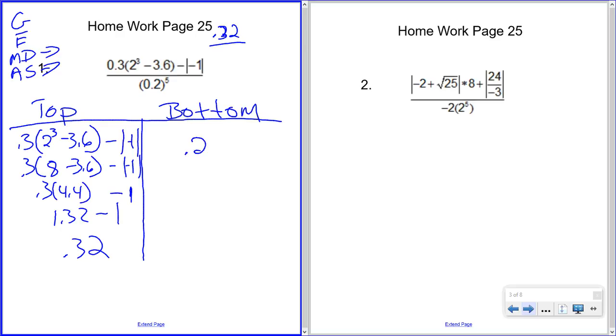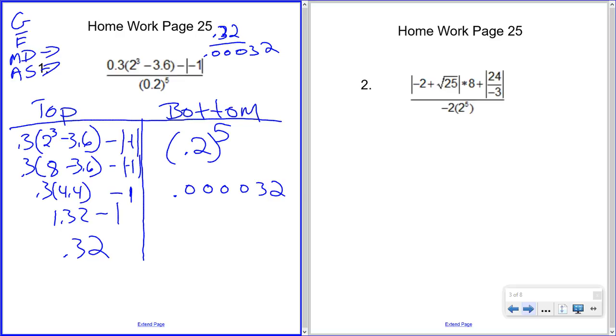So we're going to have 0.2 to the 5th power. And if you put that in your calculator, 0.2 to the 5th power, you're going to get 0.00032. So 0.32 is going to be divided by 0.00032, three zeros, 32.